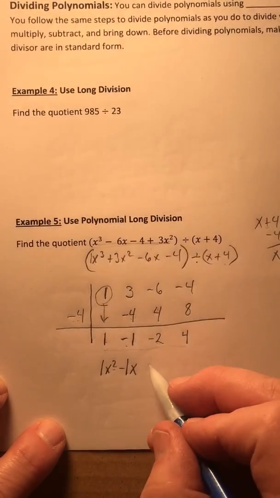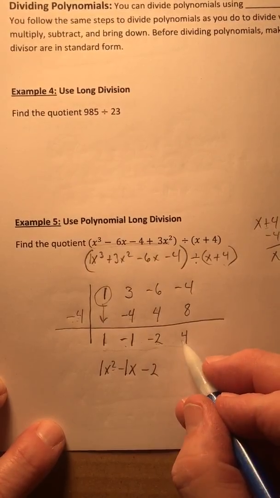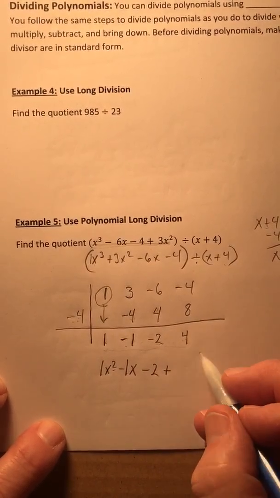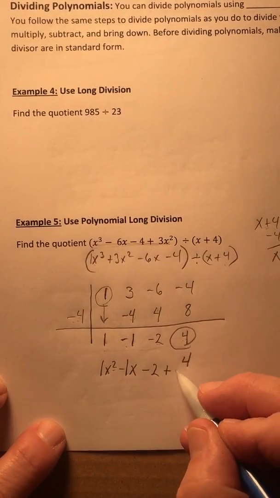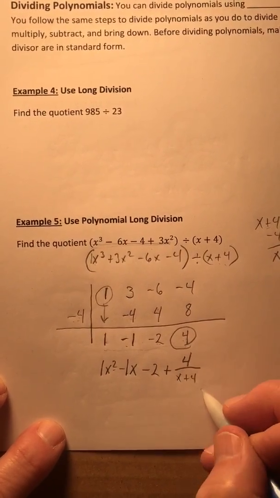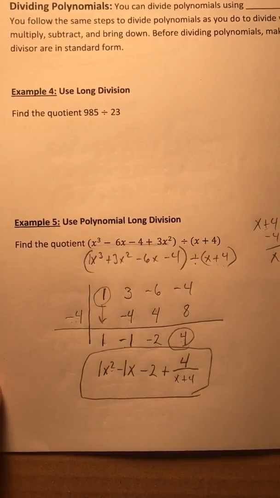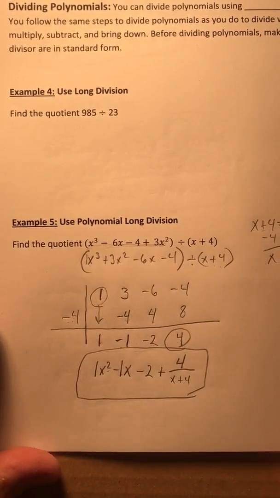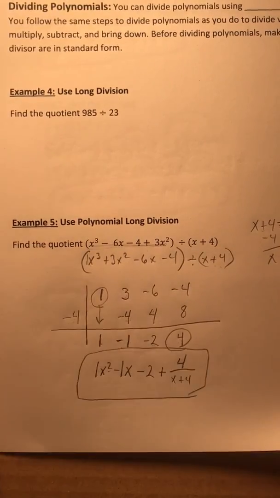And then this one will be the constant, minus 2. Then take your sign, which is positive, so plus. And then the remainder, this part is the remainder, goes over what you were dividing by, which was x plus 4. That is called synthetic division, which I think you guys would do a lot better with than trying to do long division. That's a little harder.